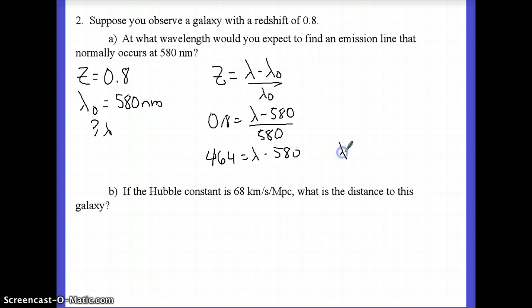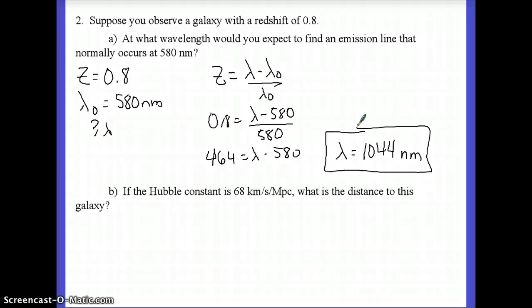So lambda equals 1044 nanometers. That's a pretty big redshift. That takes something that's green light and turns it into infrared. Now, if the Hubble constant is 68, we want to know the distance to the galaxy. Well, to do that, I can use that z is equal to v over c. This will give me the speed.